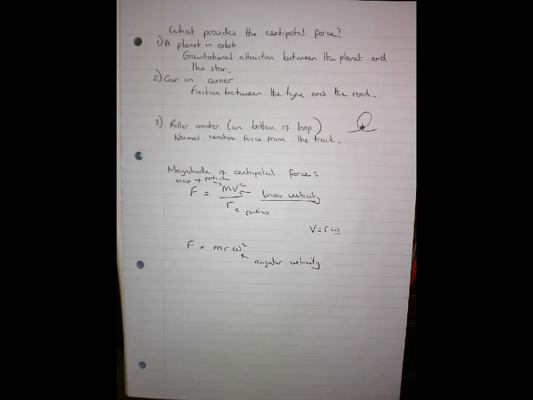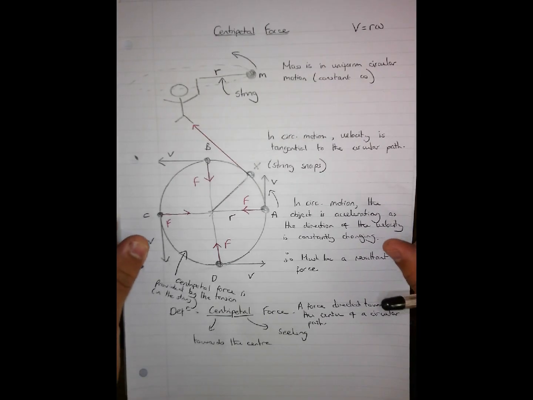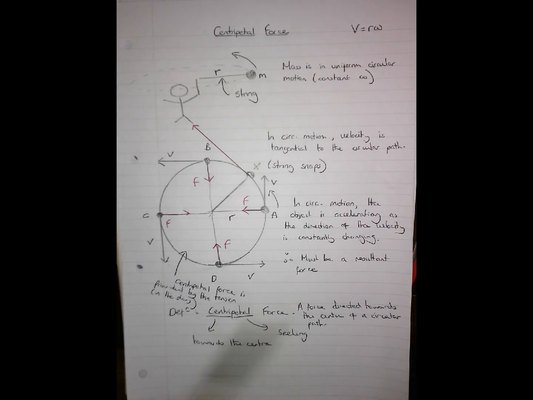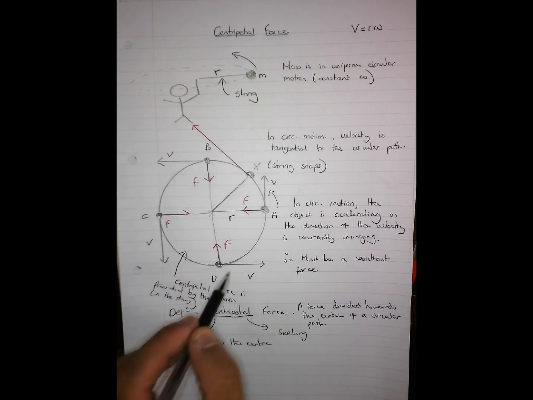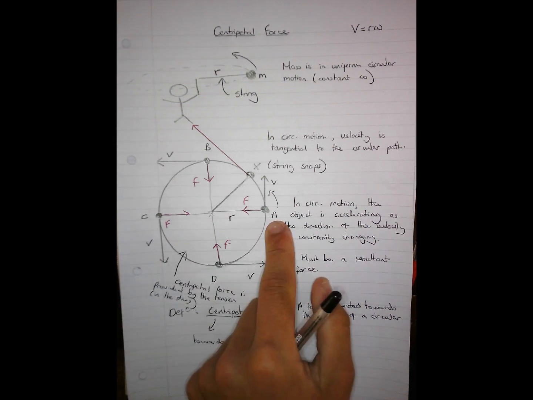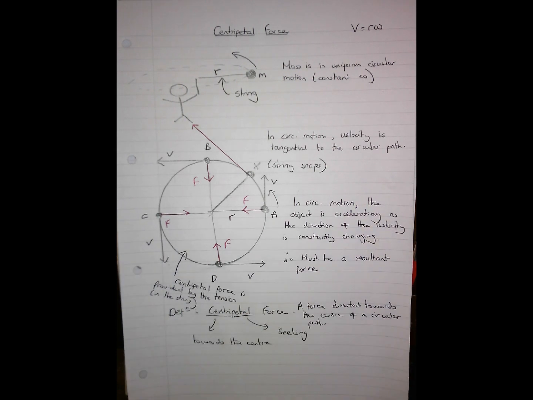So just to recap on that, we looked at this example and we took a bird's eye view and said, how is the velocity behaving? We said, well, the velocity is always changing because the direction is changing, even though the magnitude is constant. And the reason why that velocity is changing is because it's accelerating. Because it's accelerating, there must be a resultant force.